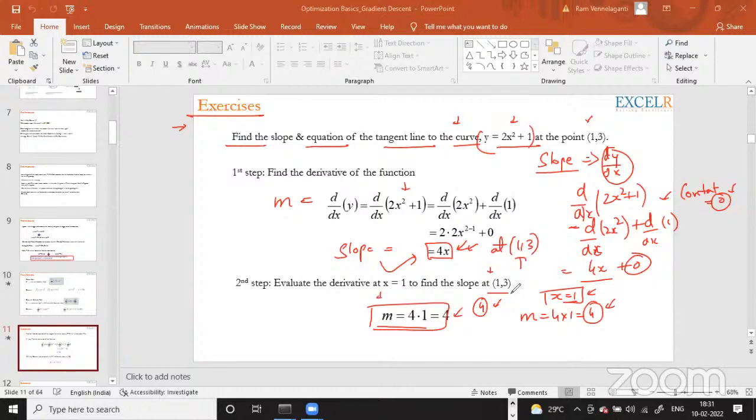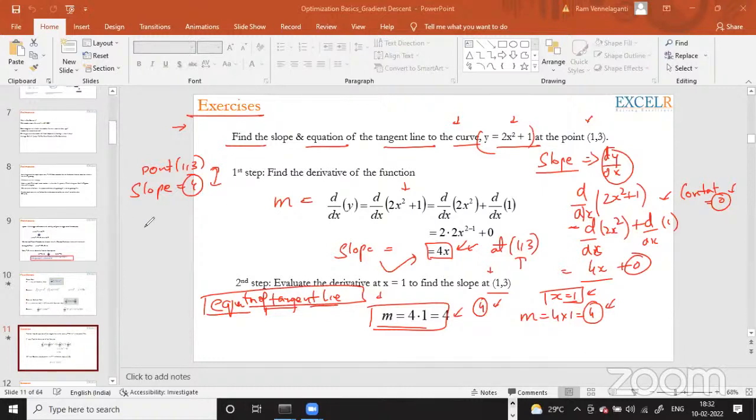Now what is your next objective? You have to find out the equation of your tangent line. What is the formula of your equation when you have a single point and slope?